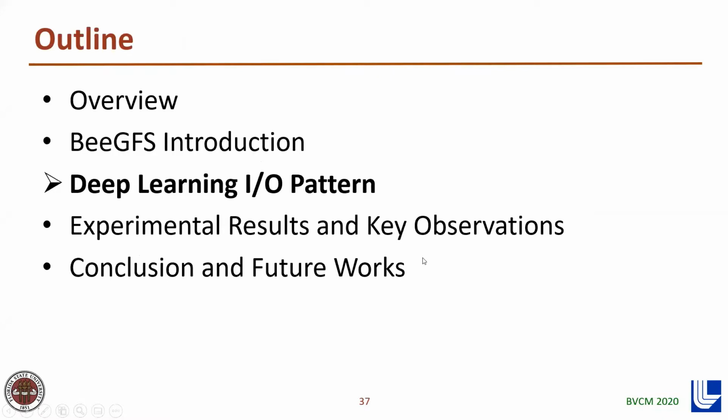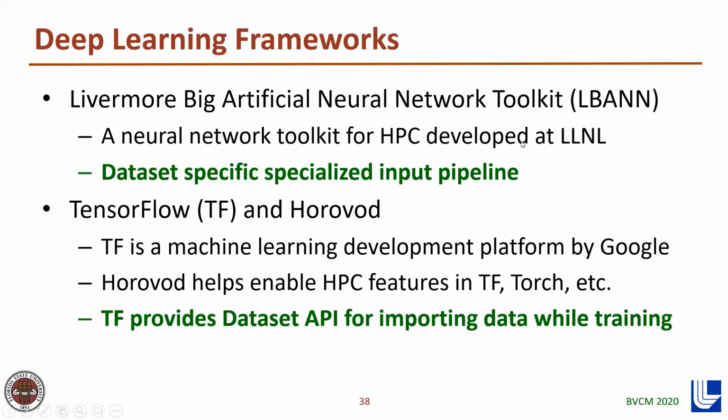So now about the deep learning I/O pattern section. For the deep learning frameworks, we have used two basic deep learning frameworks. Firstly, as we are a collaborator with Lawrence Livermore National Laboratory, we have used the Livermore Big Artificial Neural Network Toolkit, or LBANN, that is solely developed at LLNL.